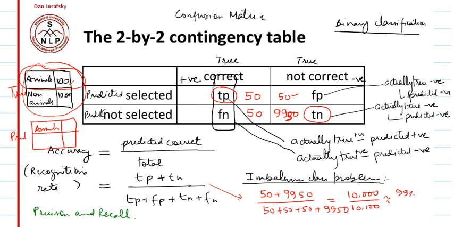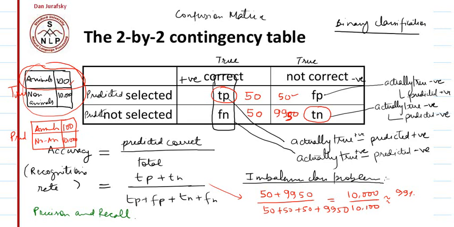It has predicted 100 as animals, 50 as correct and 50 as not correct, and non-animals is again 10,000. So from the predicted class animals, 50 are correct, so the precision is 50%.